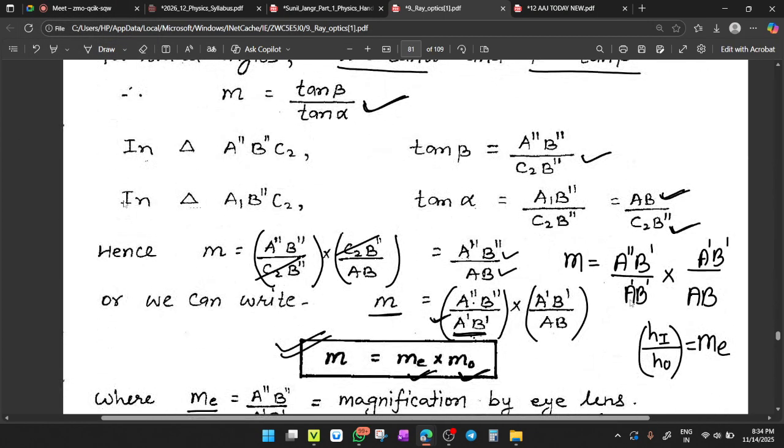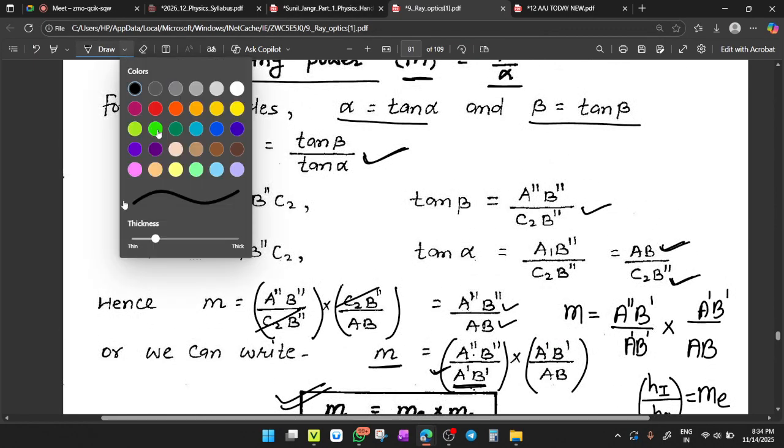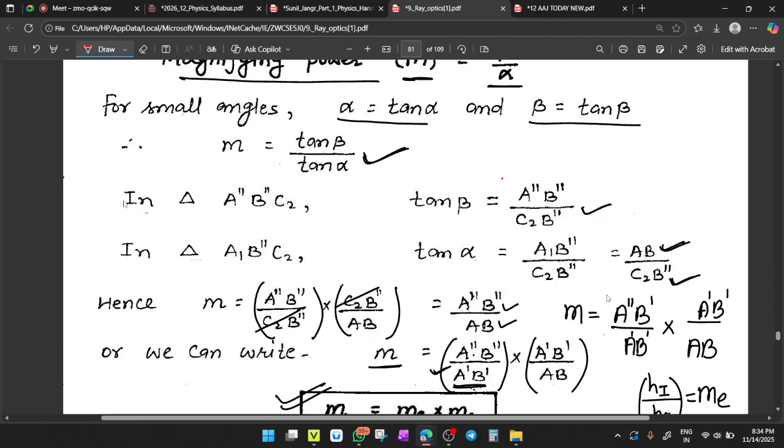Student, notice one more thing here, it may be asked somewhere. We have calculated the value of M in an intermediate relation. M equals A dash B dash upon AB into A double dash B double dash upon A dash B dash. Clear or not?